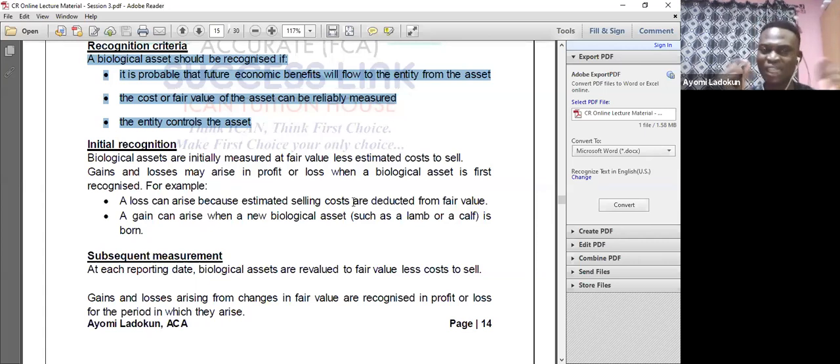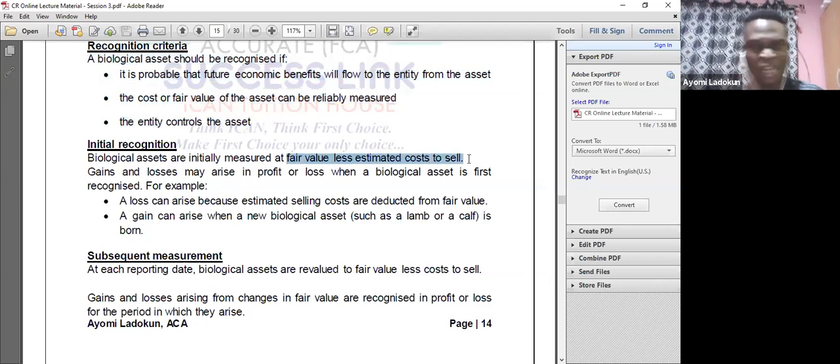Now, on initial recognition, unlike any other standard, where initial recognition is at cost, this is different. Biological assets are initially measured at fair value, less cost to sell. That's it.